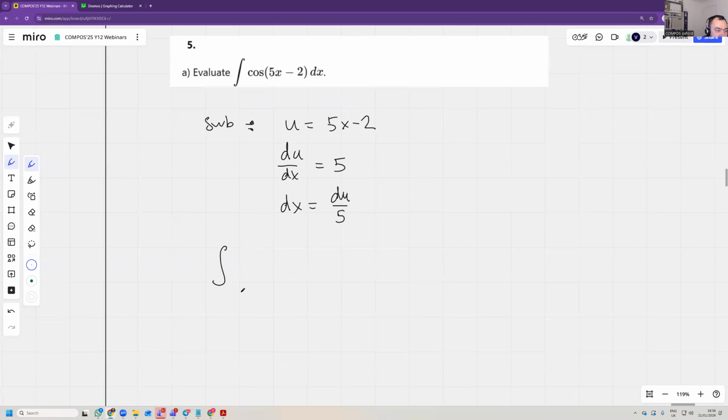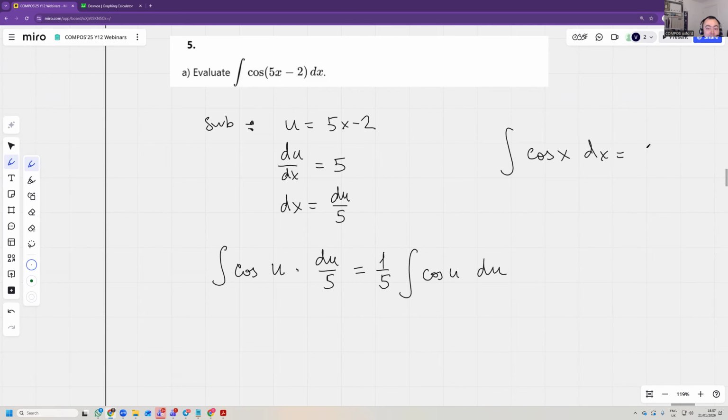So the integral becomes the integral of cosine u multiplied by du over 5. The 5 comes out, so it's 1/5 integral of cosine u du. Now we know the standard result that the integral of cosine x dx is sine x plus c, and that means it's 1/5 sine u plus c.